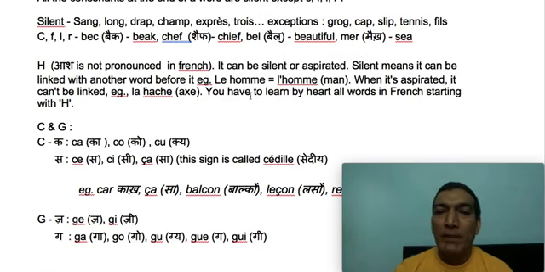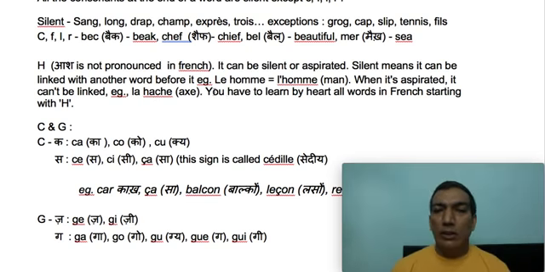But you have to know that silent or aspirated, both of them are not pronounced as an 'her' sound. I have seen many people, and sometimes even some French teachers, pronounce it that way. They say that whenever it is aspirated, you have to pronounce it, and no. In both cases, it is pronounced as if it doesn't exist.